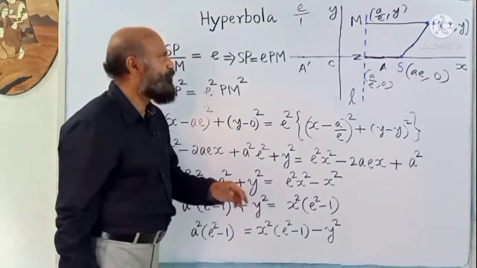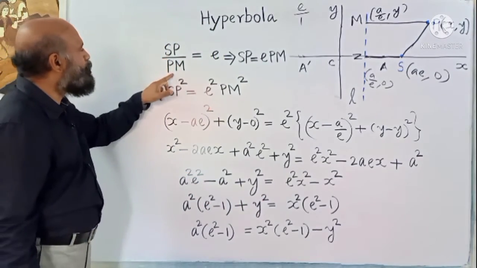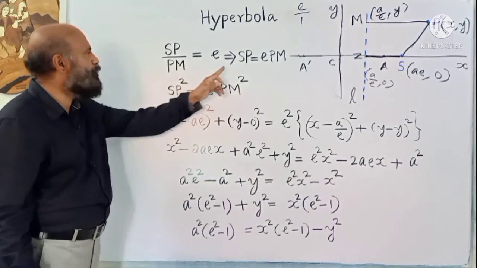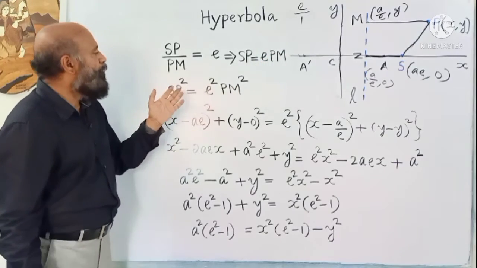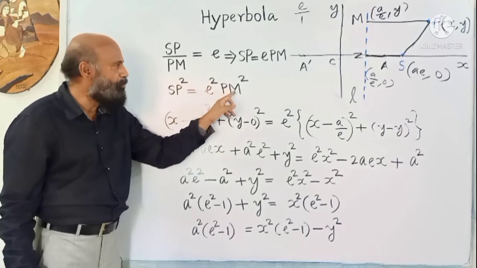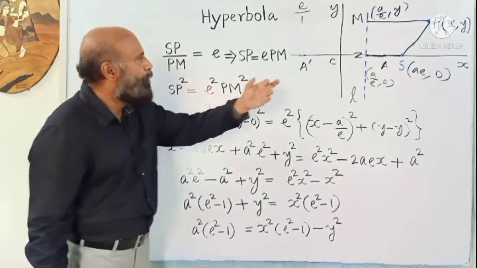Then as per the definition of conics, SP by PM is a constant. That constant is eccentricity. If you rearrange this, SP is equal to E times PM. Then square both sides, so SP square is equal to E square PM square. Now you can apply the distance formula.